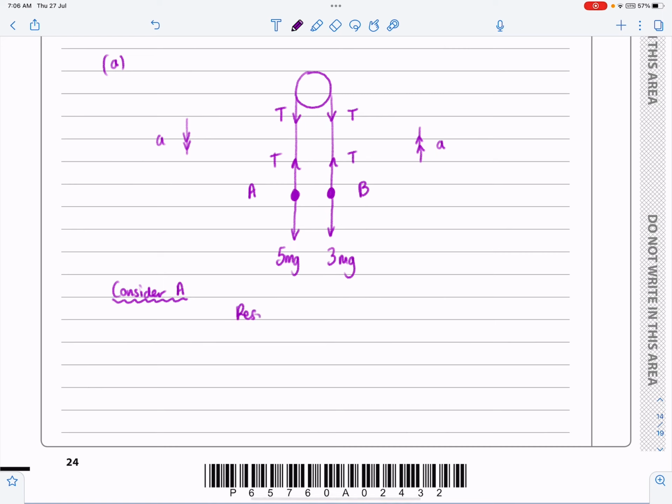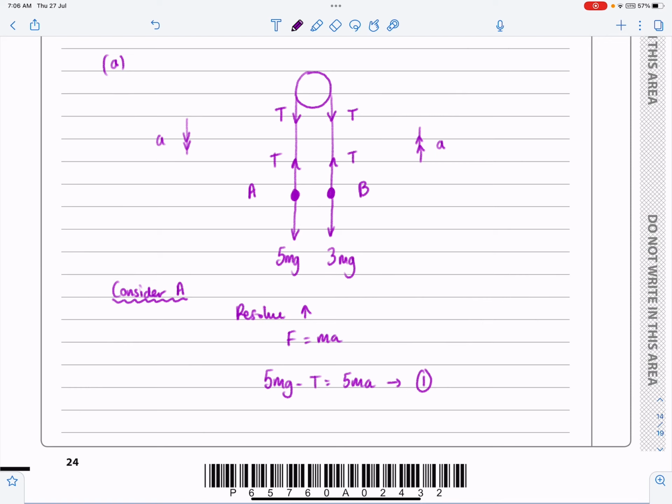I'm going to resolve vertically, which is F equals ma. Vertically, I've simply got those 2 forces acting, and because acceleration is going down there, we know the 5 mg is bigger than the T, so I get 5 mg minus T equals 5 ma, and that becomes my first equation of motion. Nothing surprising about that one at all.